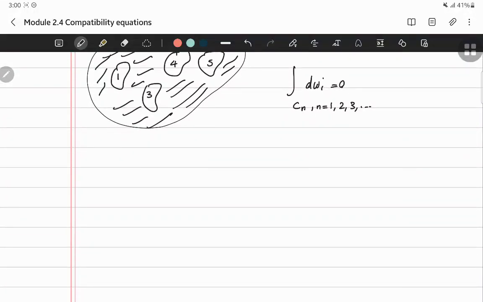And also we showed that for the multiply connected domain, this incompatibility equation is only a necessary condition. So I also write this in here for multiply connected domains.